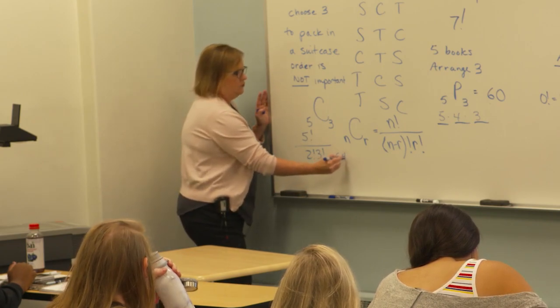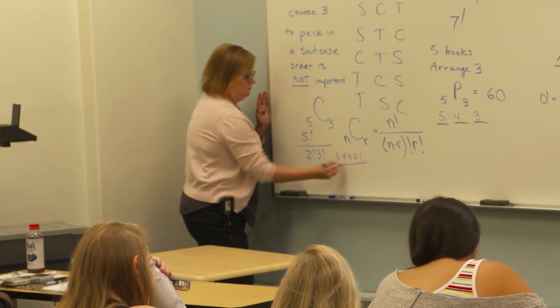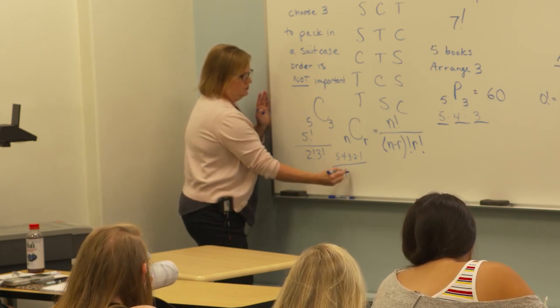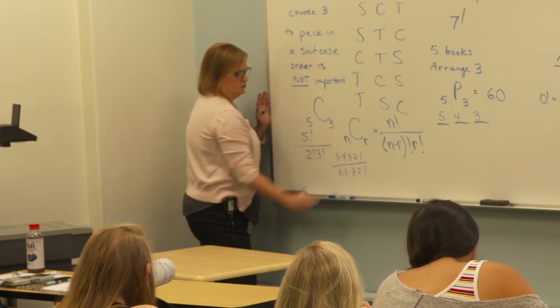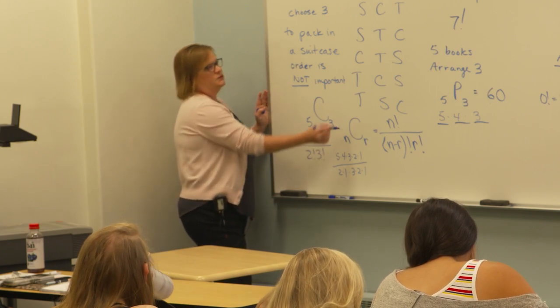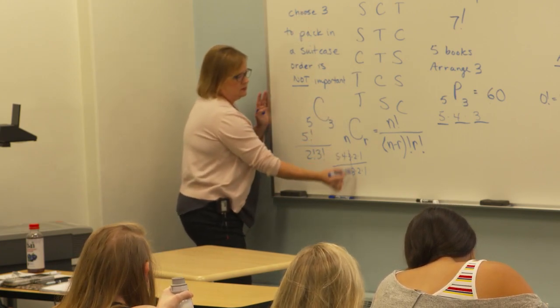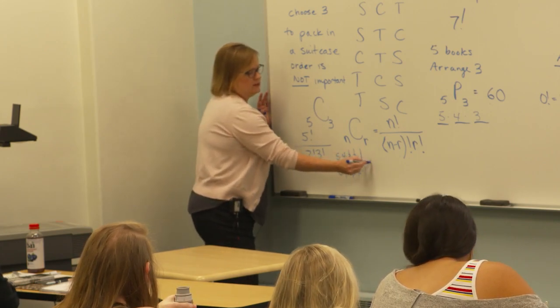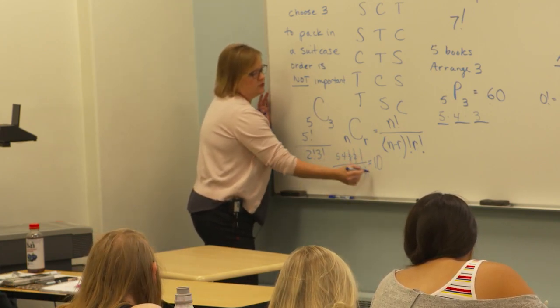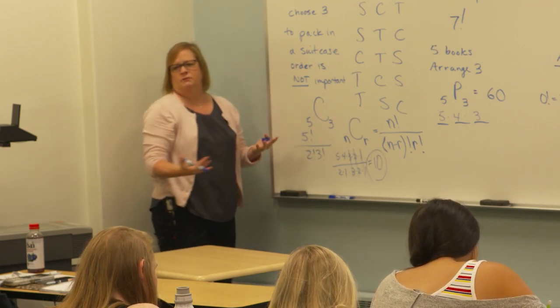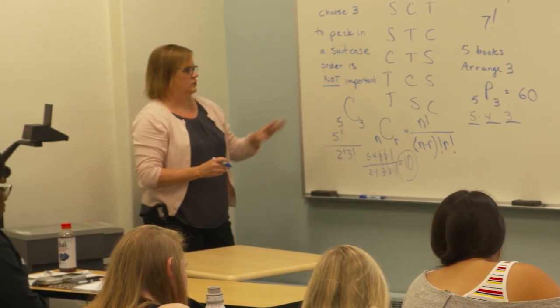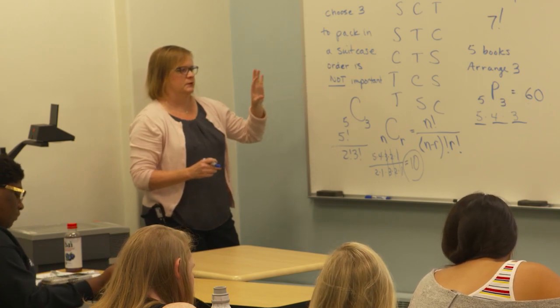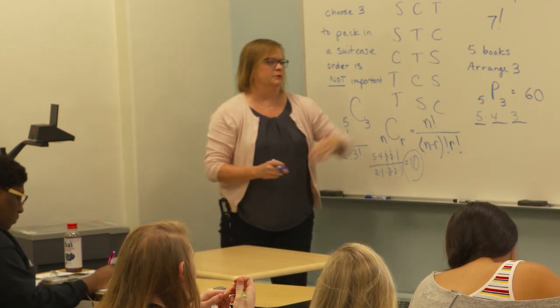So 5, 4, 3, 2, 1 over 2, 1 times 3, 2, 1. It takes out those extra 6. So just 20 over 2, now there's only 10. So there's 10 groups of 3 books that I could pick. Your number of combinations is always going to be smaller than the number of permutations.